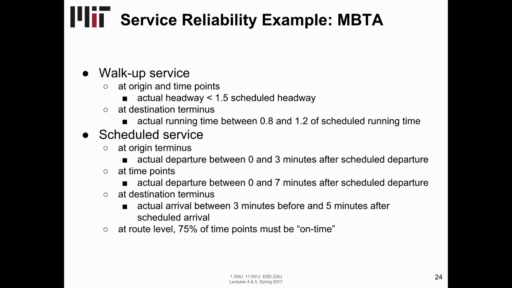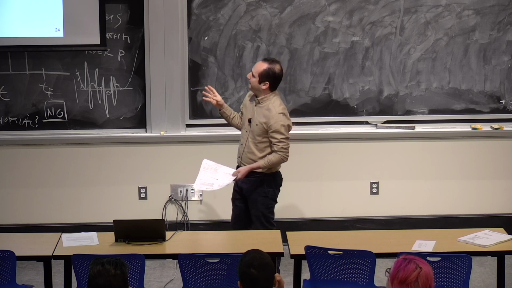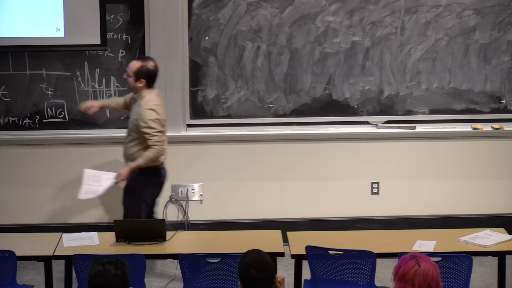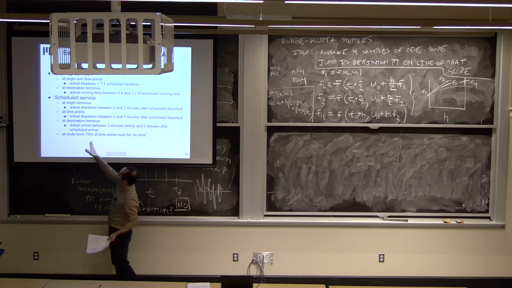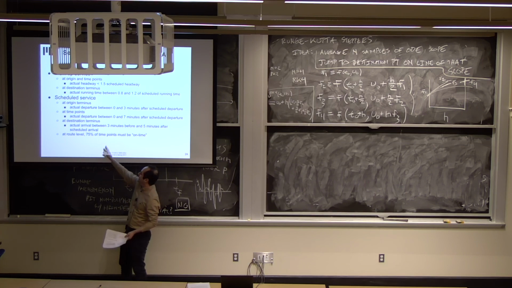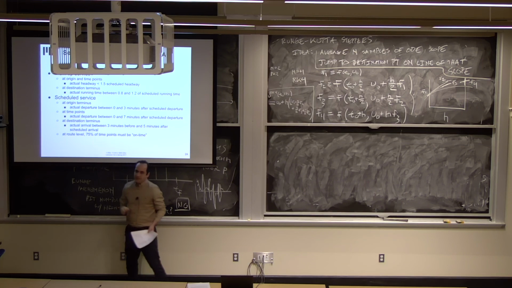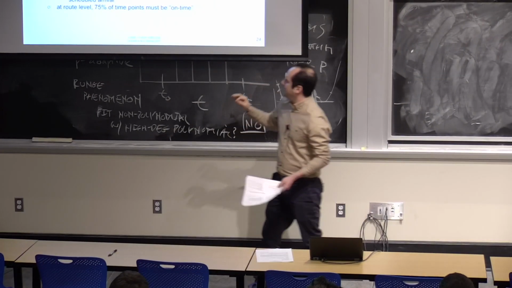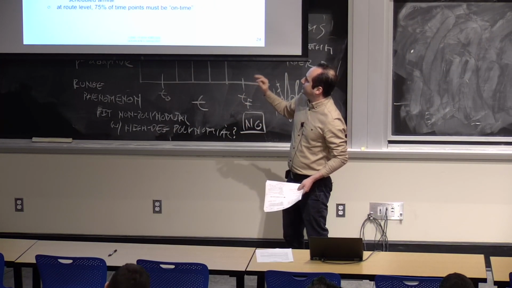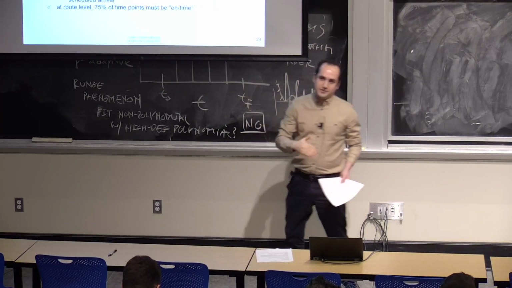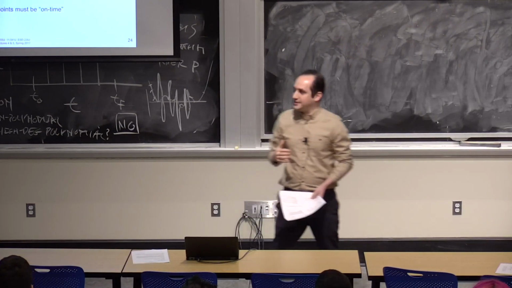Although for the overall system, the threshold was in the range of 90% or 95, or between 85 and 95, at route level, when you're looking at the on-time arrivals, it has to be larger than 75% of the times.